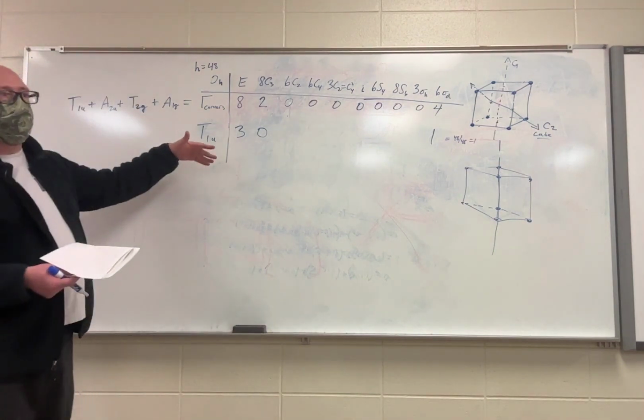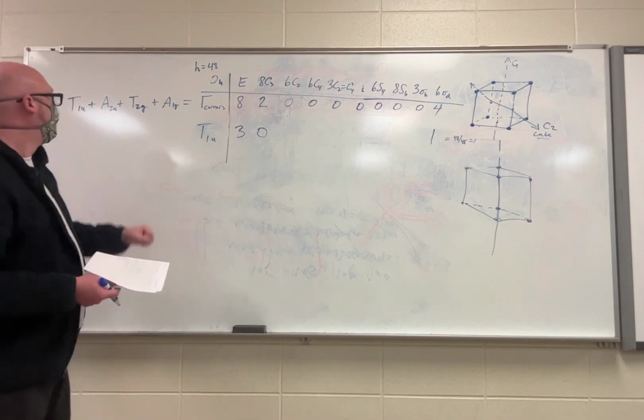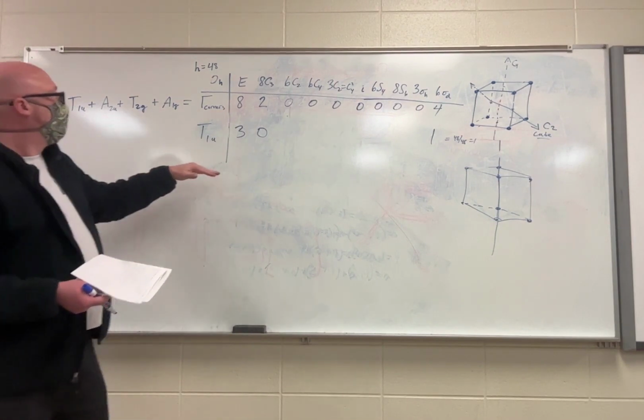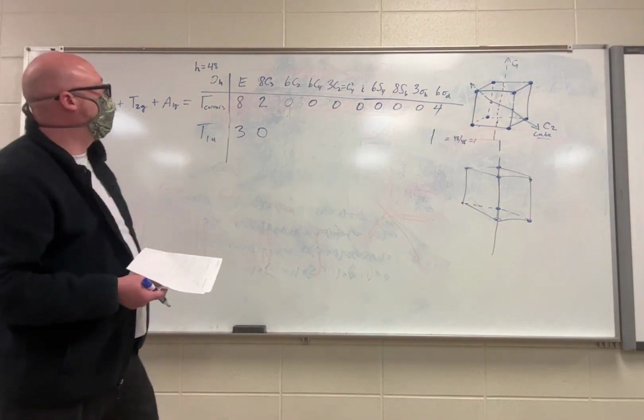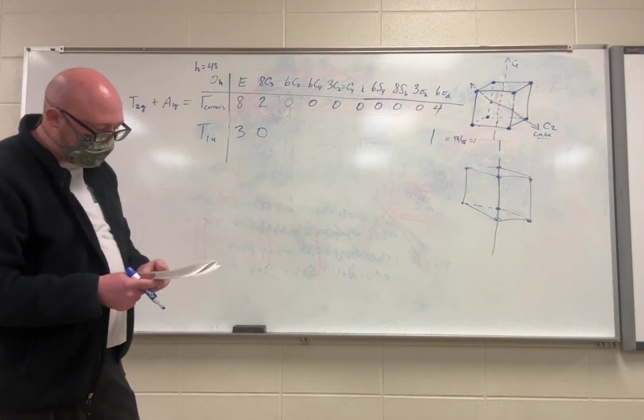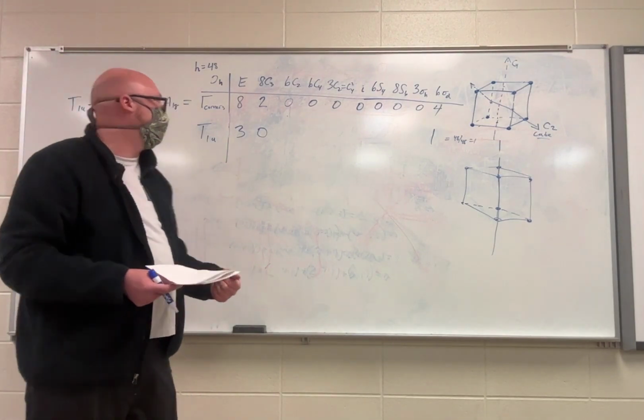The E's always represent two-dimensional, and T's always represent three-dimensional. The 1s and 2s are just ranking based on usually the character under the sigma H in this case, or otherwise some mirror plane in the system.